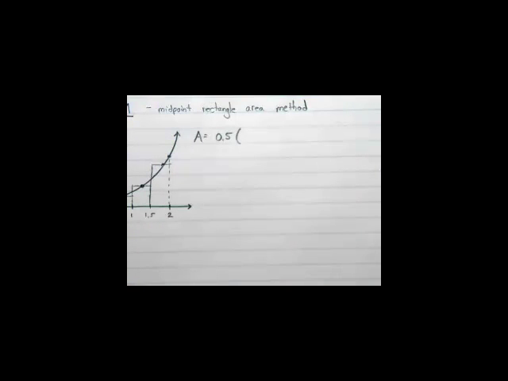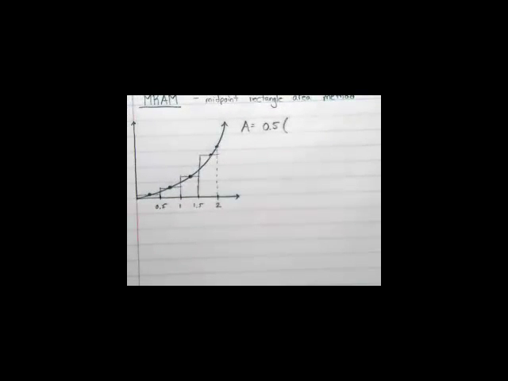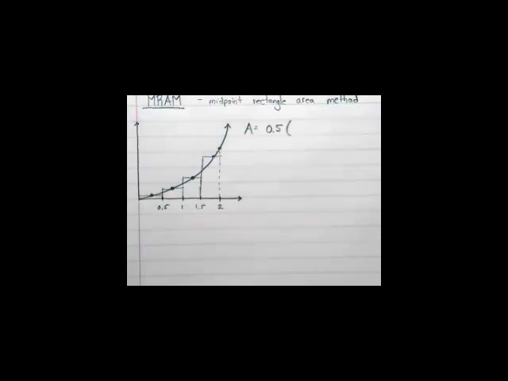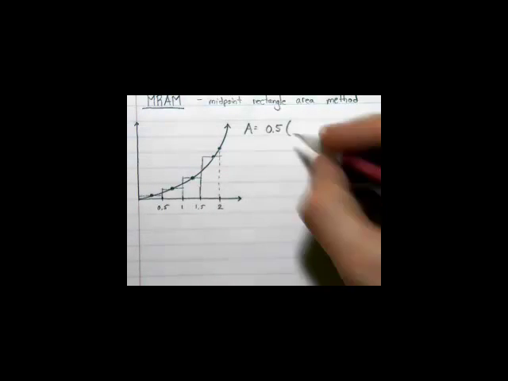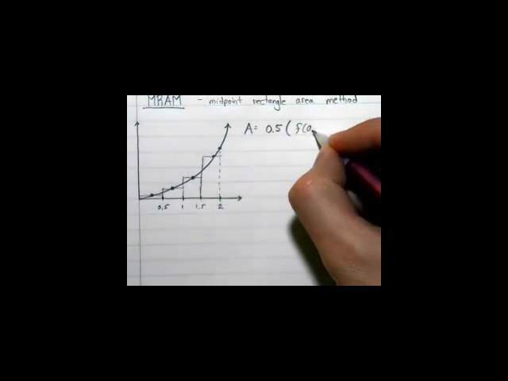We're doing f of what to begin with? What's the first x value that's going to help us determine the height of that first rectangle? 0.25. It's halfway in between 0 and 0.5. So 0.25.